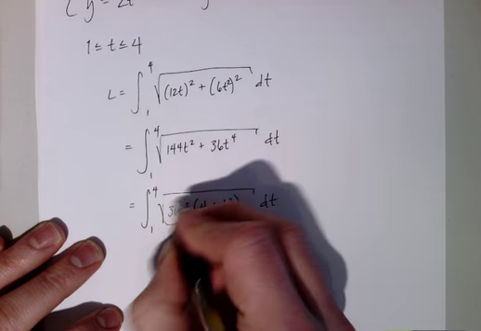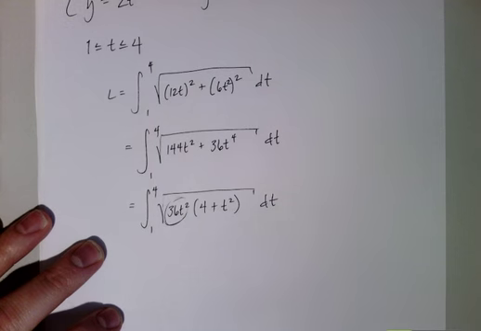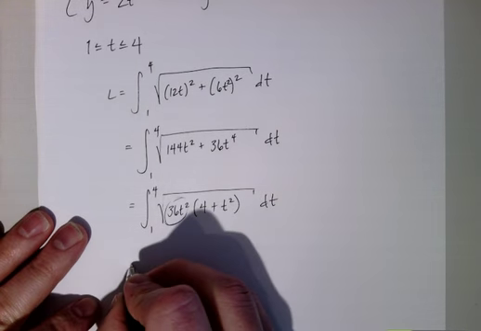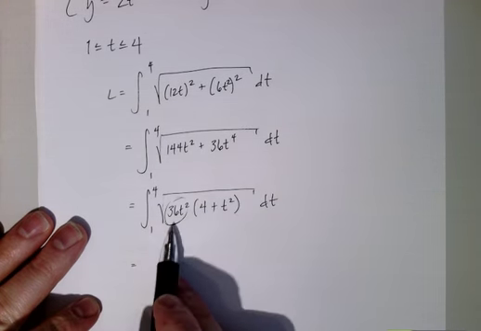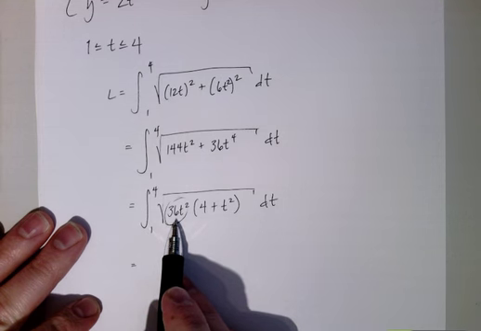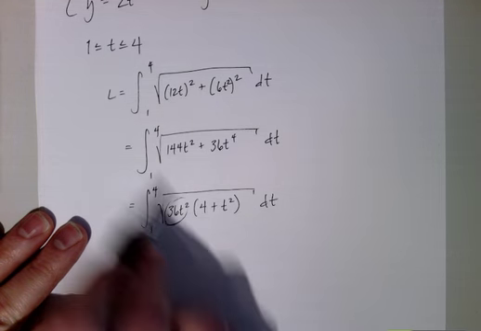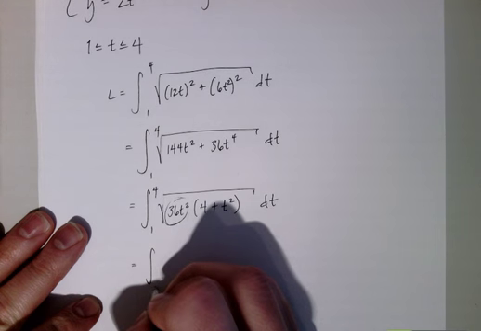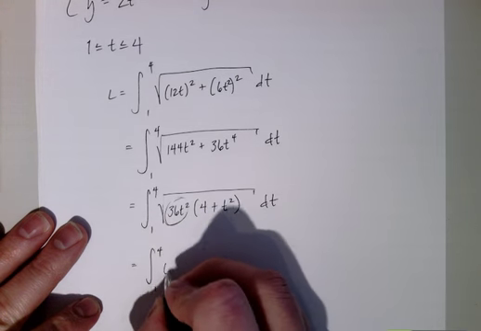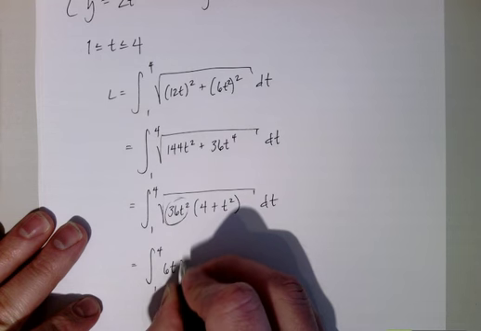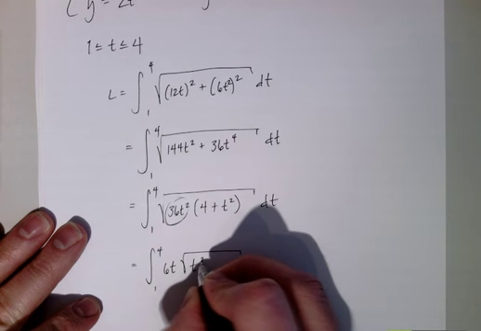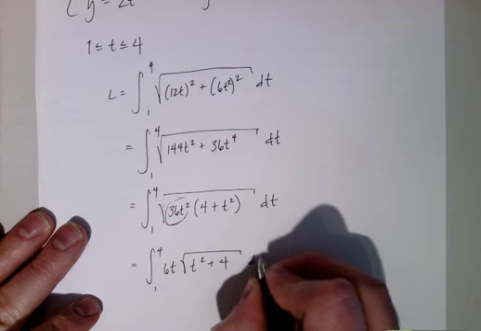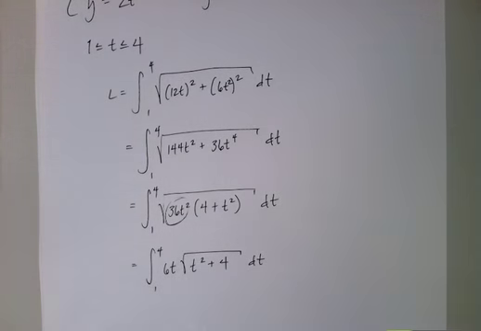In simplifying, that can be pulled out, right? We know that we can actually pull it out and not have to use absolute value bars because we're interested in positive values of t. So you go 1 to 4 of 6t times t squared plus 4 dt, if you want to turn it back into descending order.